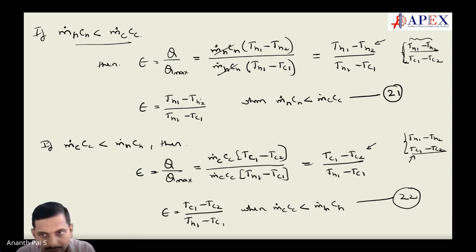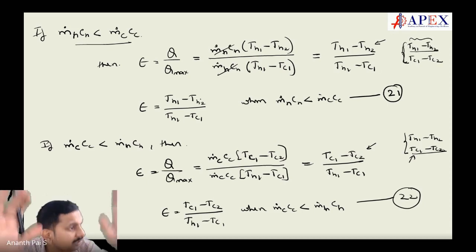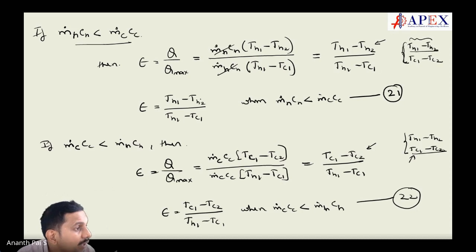Or they might give the four temperatures and say the cold fluid has the lower m dot C. When the cold fluid has lower m dot C, TC1 minus TC2 should be in the numerator. The denominator is the same for both, which is TH1 minus TC1. So only if the temperatures are given, you can know the effectiveness.